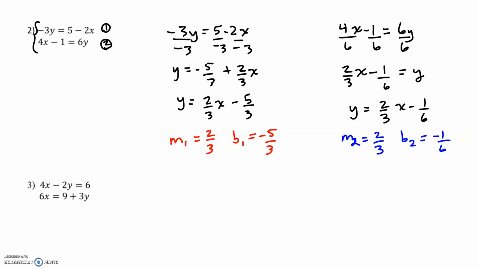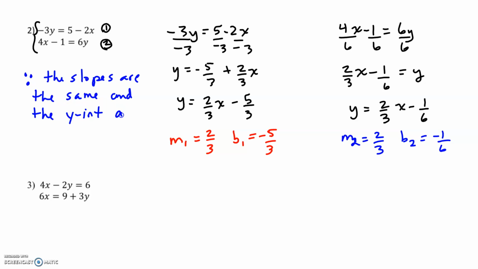All right, so let's look what we have. We have same slope and different y-intercept. So since the slopes are the same and the y-intercepts are different, therefore, so let's remember, we'll go back.